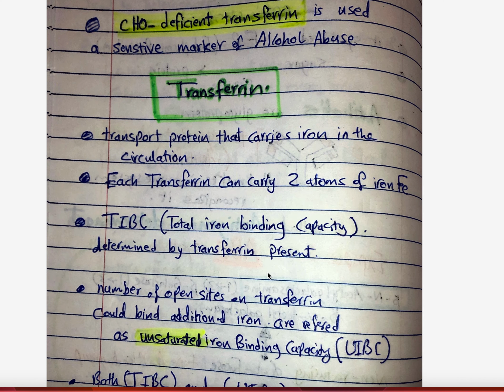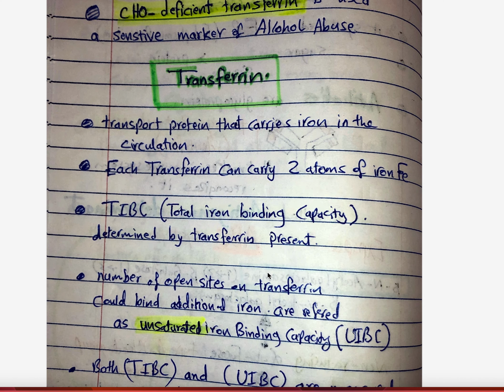Transferrin is a transport protein that carries iron in the circulation. Each transferrin can carry 2 atoms of iron. Total iron binding capacity is determined by the transferrin, and it tells whether the transferrin can carry more iron or not.